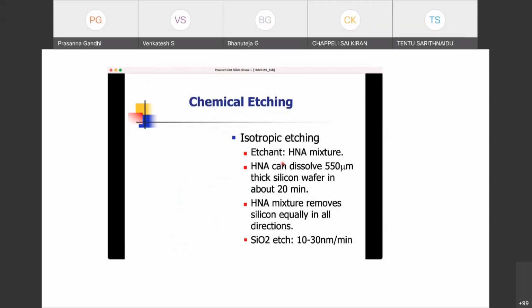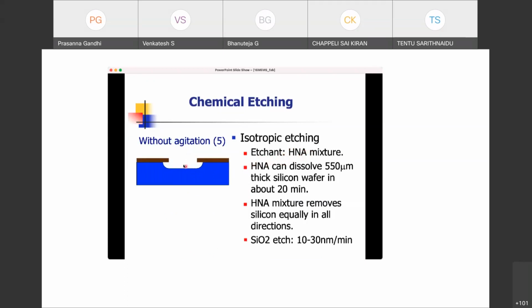So chemical etching is the simplest kind of etching process, where a mixture of hydrofluoric acid (HF) and nitric acid is used to act as an etchant, and you put this wafer with this small little window open into this etchant, and it will start etching the silicon wafer surface, and it will create this kind of a cavity.